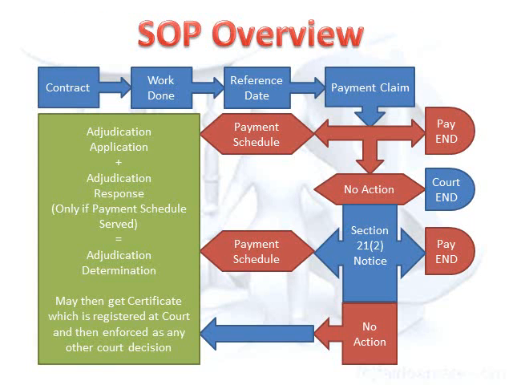Before going into each step of the security payment process, we will have a look at the overall process. The flowchart you see on the screen now gives a general overview of the process across Australia.